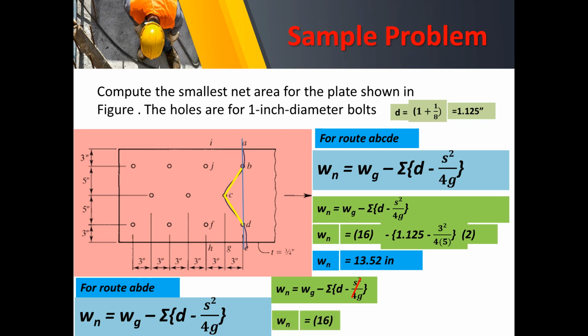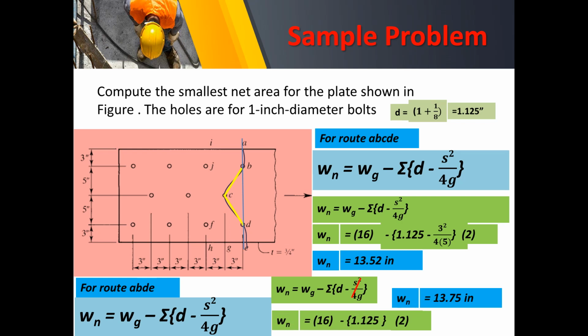So in that case, again, we'll compute for the net width, or the gross width minus the diameter of bolt, 1.125. There will be 2 of them, 2 bolts. So therefore, the net width here will be equal to 13.75 inch.